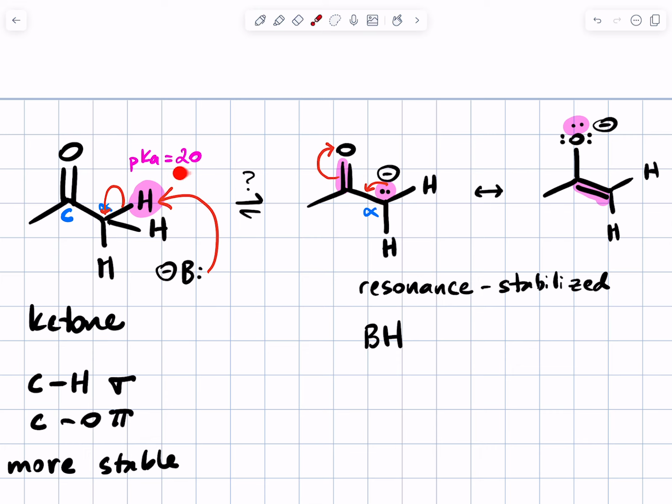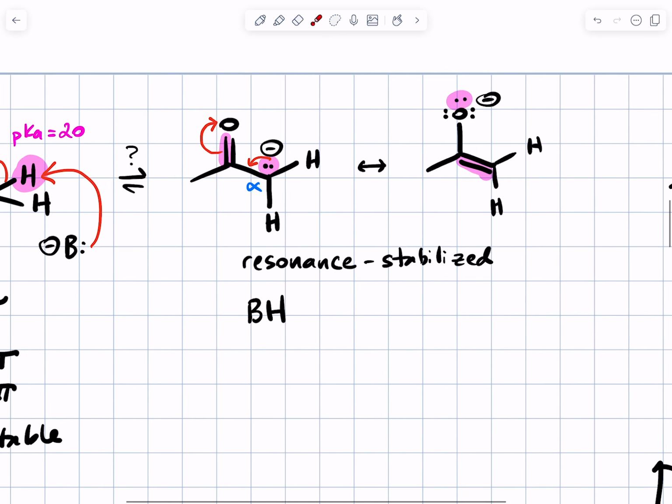Let's be realistic, a pKa of 20 is still really not that acidic. You need a strong base to completely remove this proton. Nevertheless, the proton that's alpha to the carbonyl carbon is more acidic, and the simplest way of thinking about that is to realize that the conjugate base is resonance stabilized.